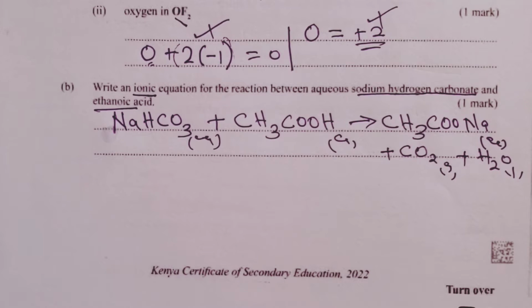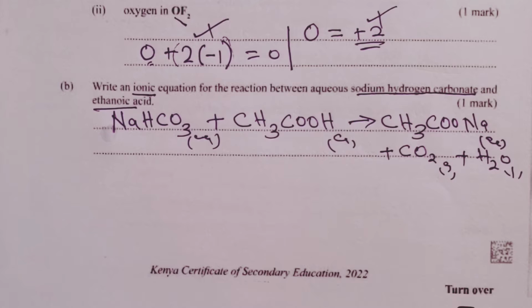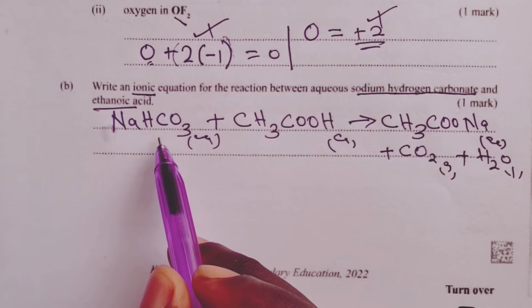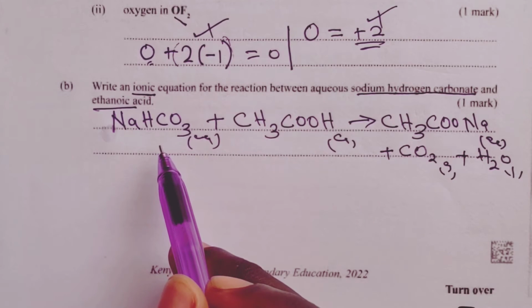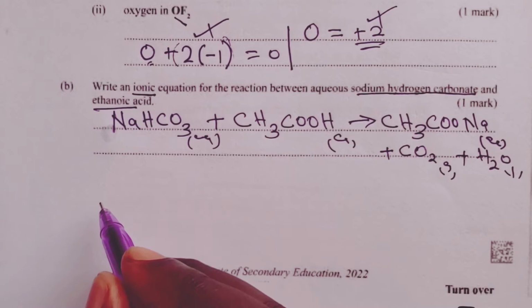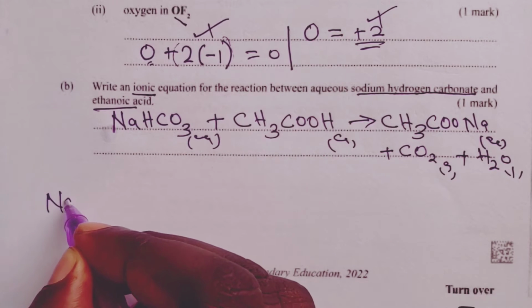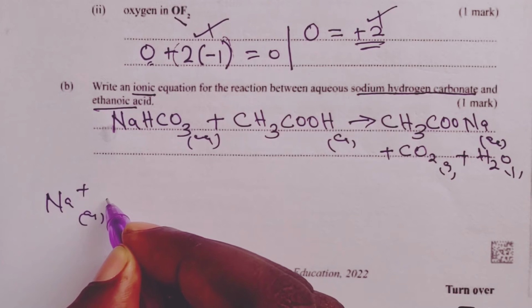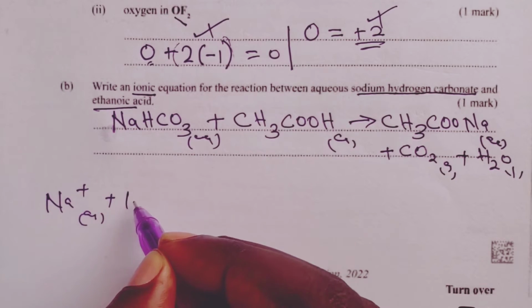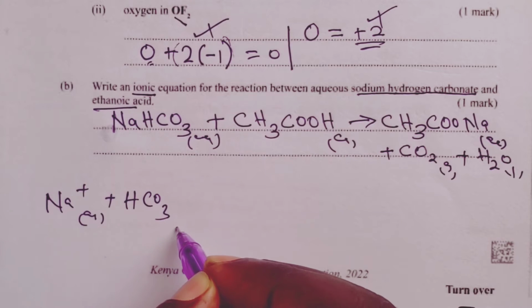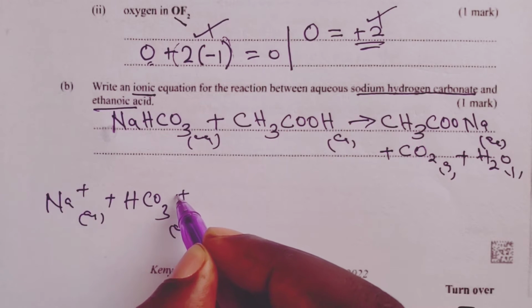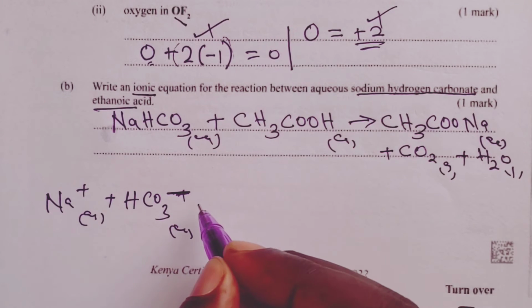After these, for us to get the ionic equation, we would need to break the aqueous solutions into the ions that are present. So beginning with sodium hydrogen carbonate, we have sodium ions in solution and hydrogen carbonate ions. Of course, they are anions.